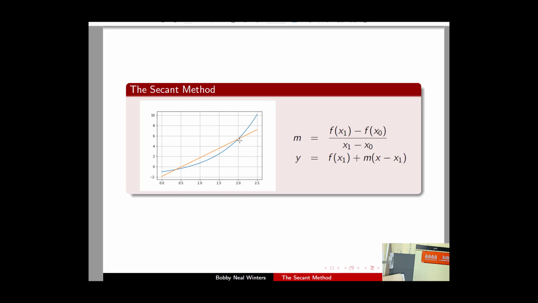Here, though, instead of having one initial guess, we have two initial guesses, called x0 and x1. We let the slope of our approximating line, our secant line, be equal to f of x1 minus f of x0 over x1 minus x0. And so again, with our line here, this m is this m.